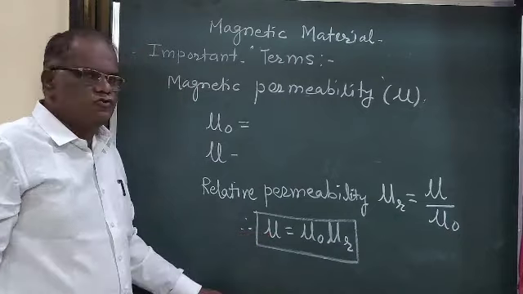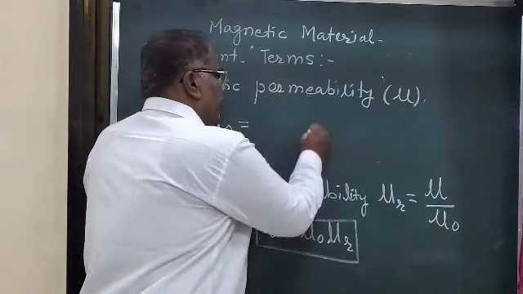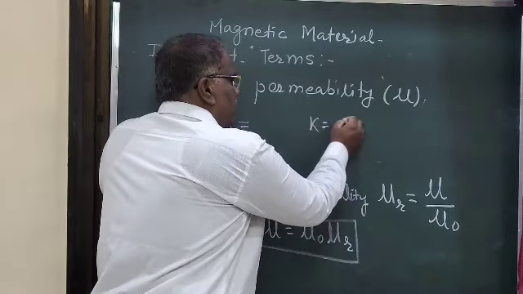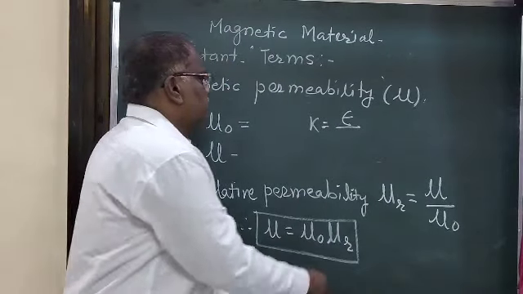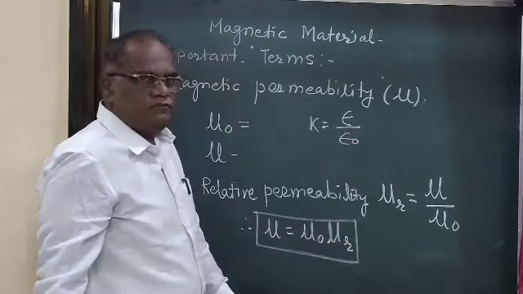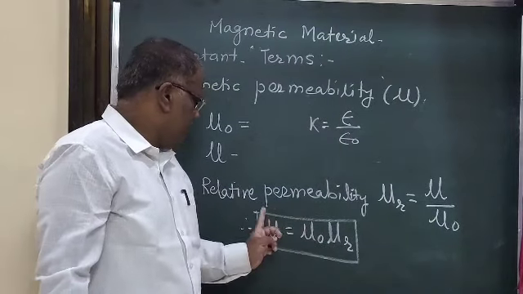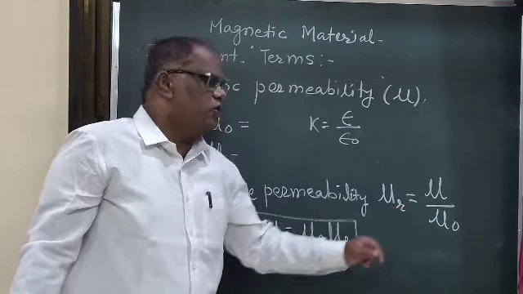This equation is very useful. In electrostatics we have studied dielectric constant. Dielectric constant is the ratio of epsilon upon epsilon 0. Similarly, here relative permeability is the ratio of mu upon mu 0.